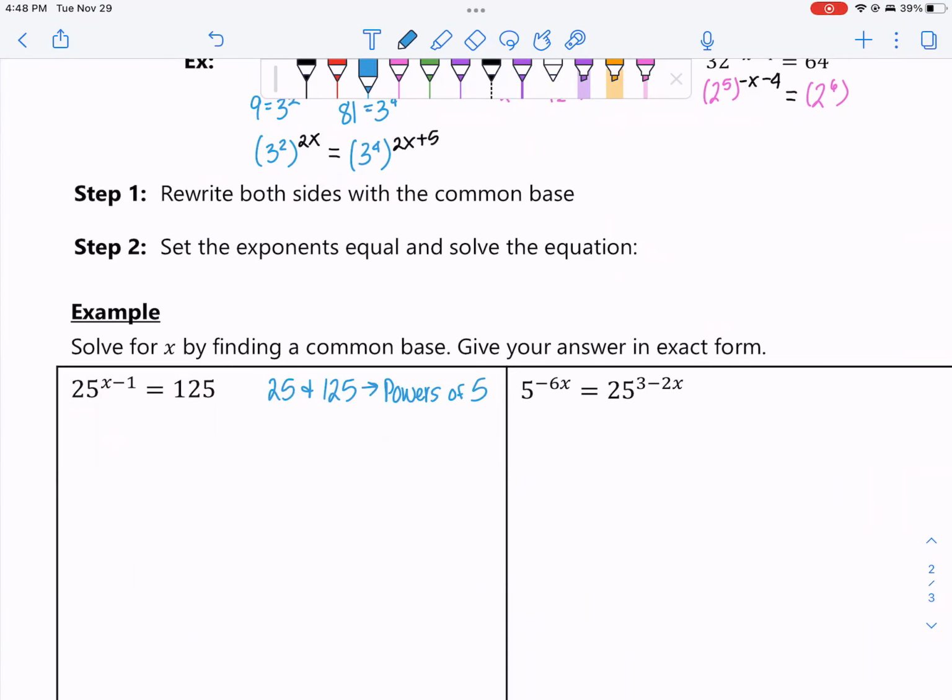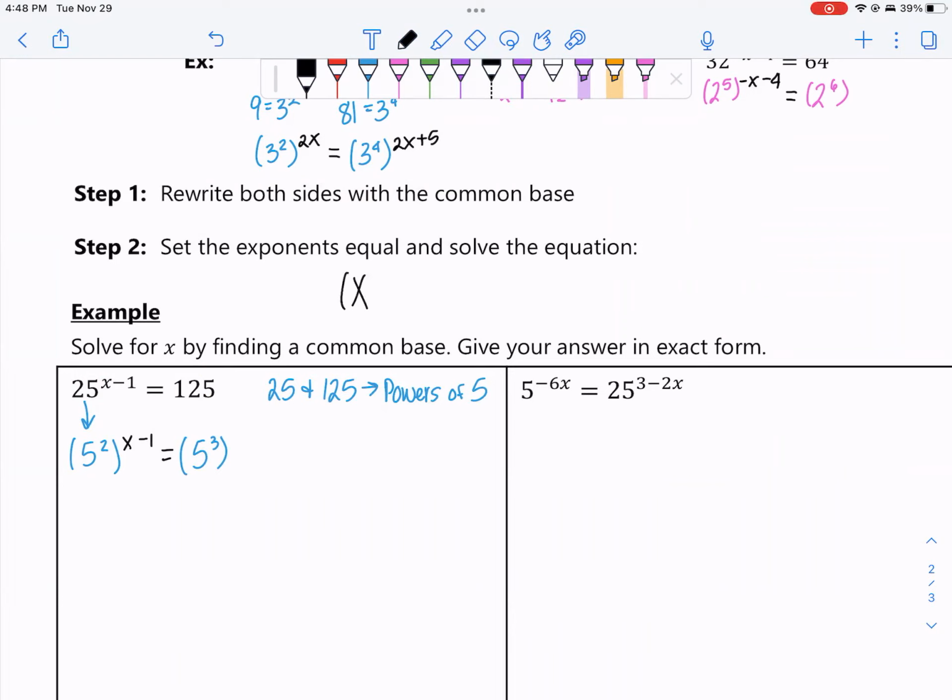So I am rewriting 25 as 5 squared raised to the x minus 1. And 125 I am rewriting as 5 cubed. An exponent rule we have that maybe we haven't talked about in a while is the power of a power rule.